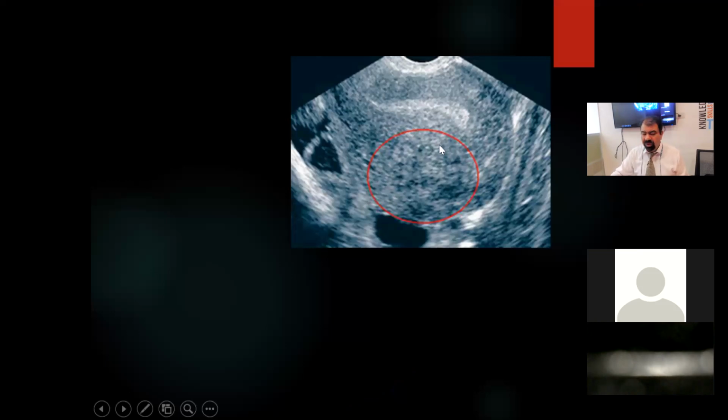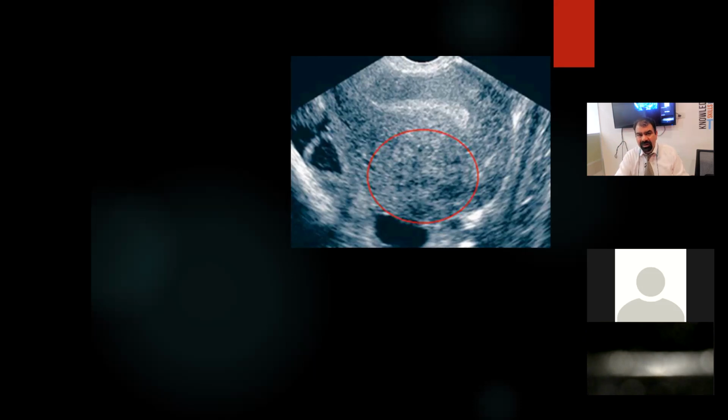In adenomyosis, we have a patch in the myometrium. This patch can be seen in the ovary also. But if you see one patch in the myometrium and another patch in the ovary, that will not be an adenomyotic patch.